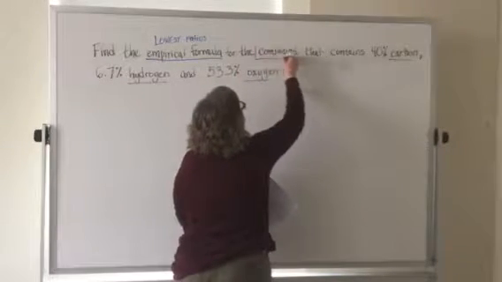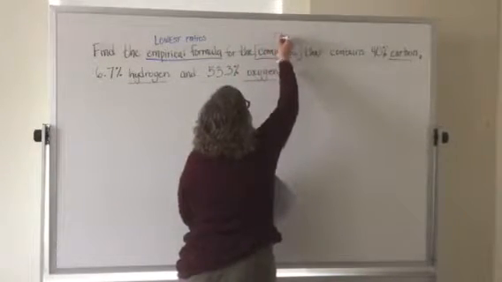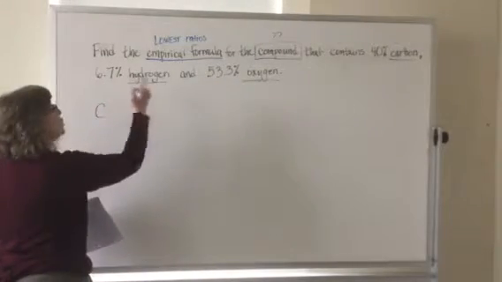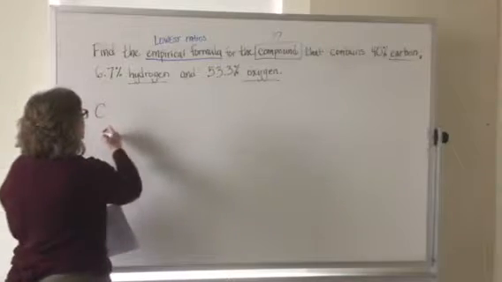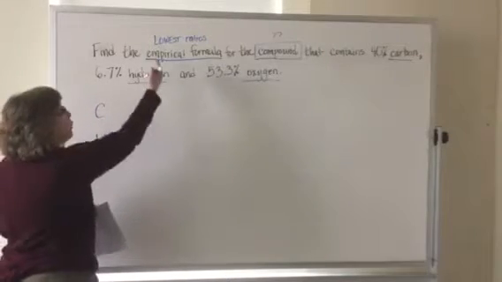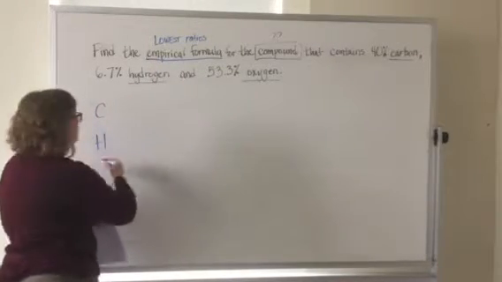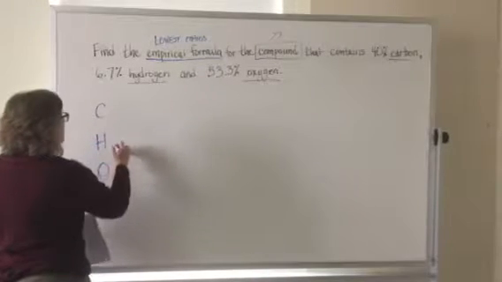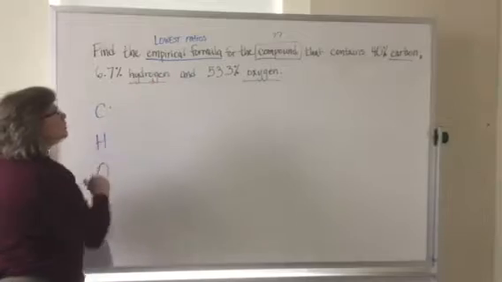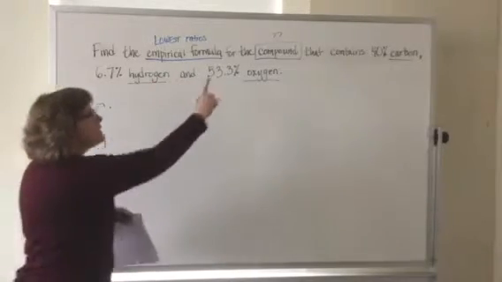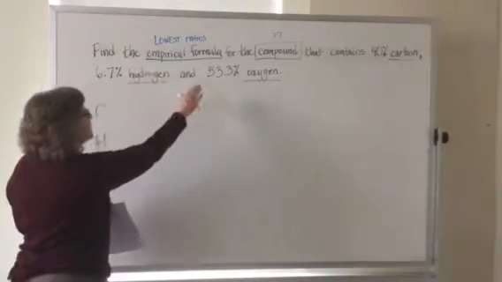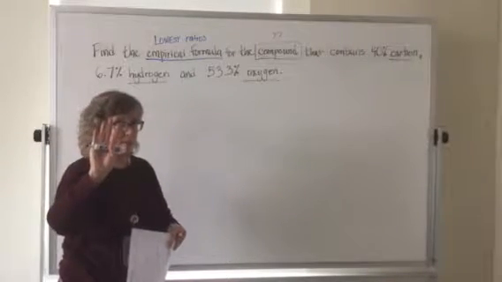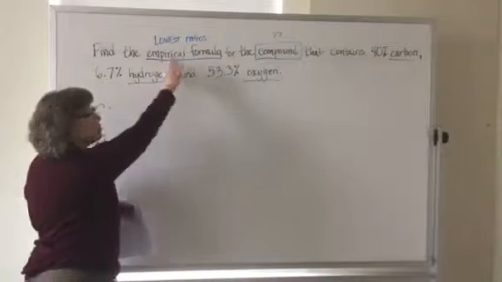We're going to use the percent composition to figure out that lowest ratio formula for this particular compound. So I'm going to line up my elements in the order that they're listed. This is one of those ones where you have to do 4 steps. Remember, it's a 4-step process to do empirical formulas.